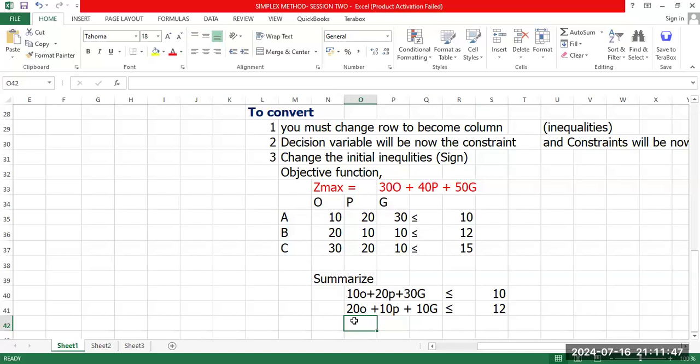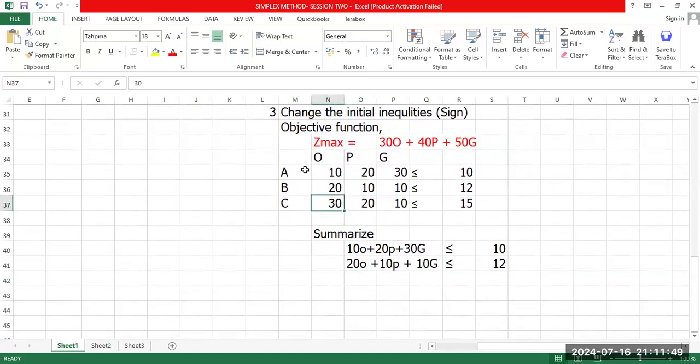Then next is 30 times O, which is 30 O. Then plus 20 P, plus 10 G, which is also less.